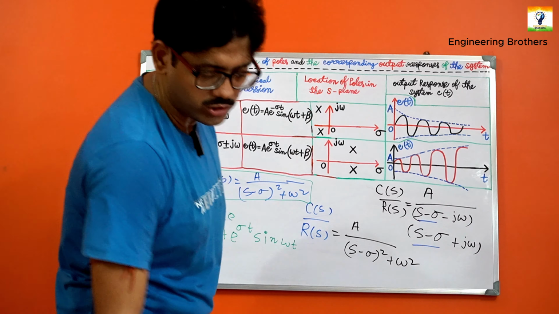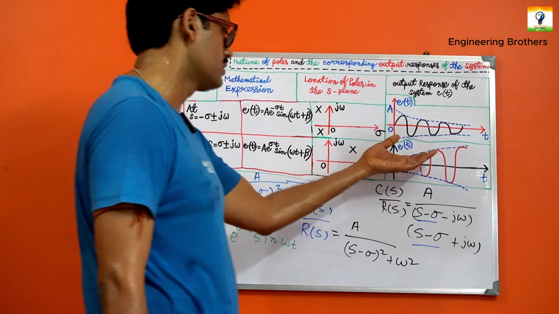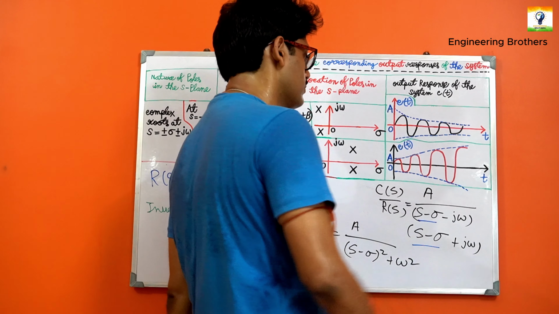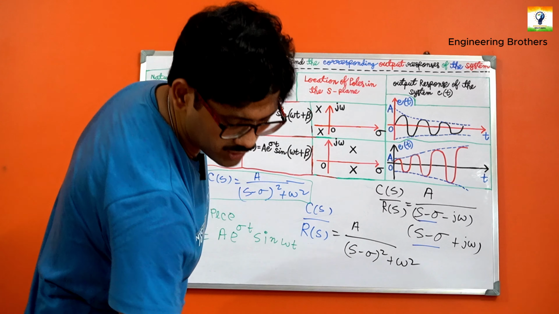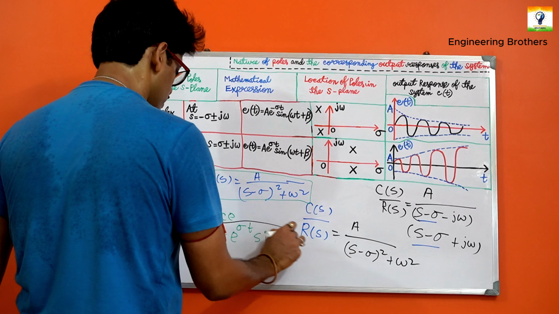Now in our plotting case, if you would like to plot that in our given waveform, which is c(t) versus time over here, and the equation will be this one, which is c(t) is equal to this one over here.